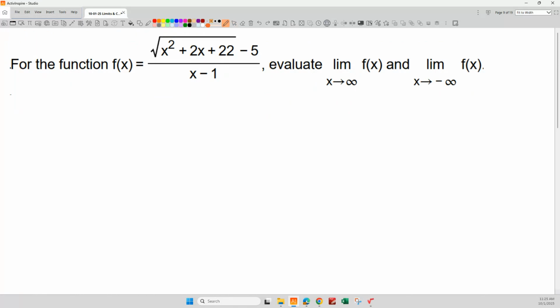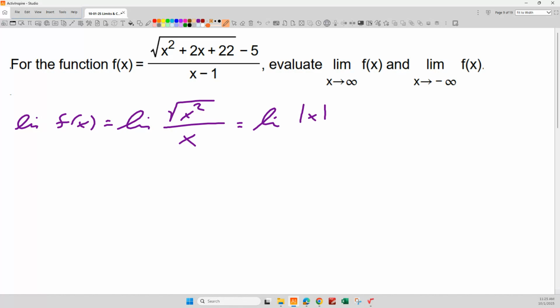And so we just end up with the limit of this function equals the limit of the square root of x squared over x, right? And the square root of x squared is the absolute value. There you go, the limit of the absolute value of x over x. And so now what happens if we approach positive infinity?